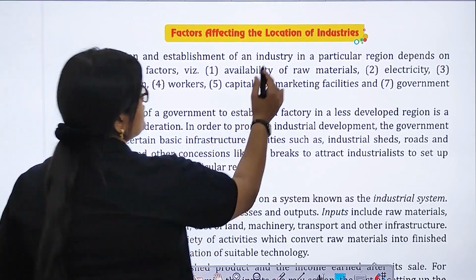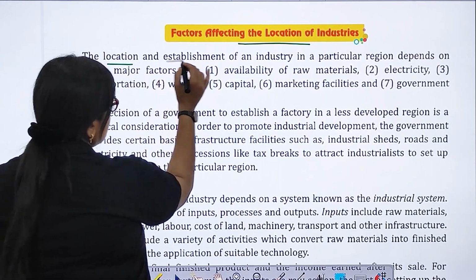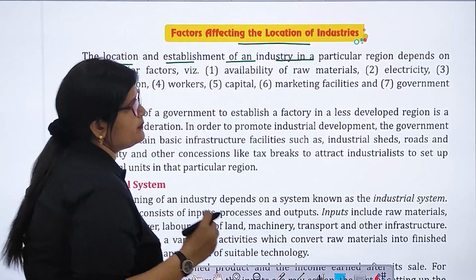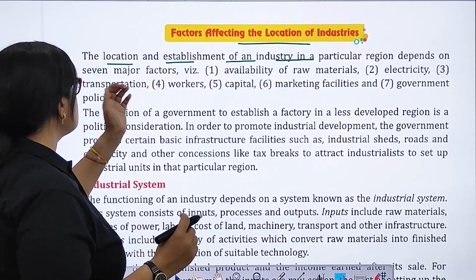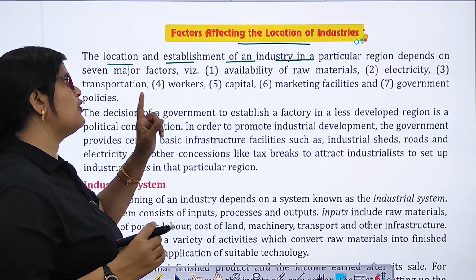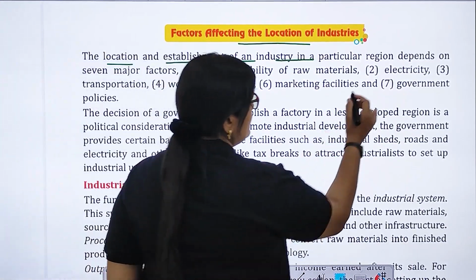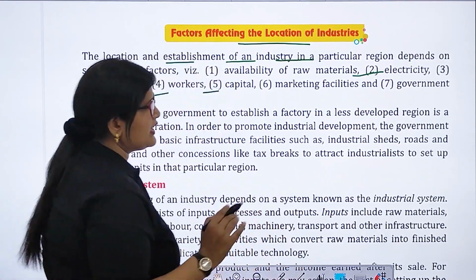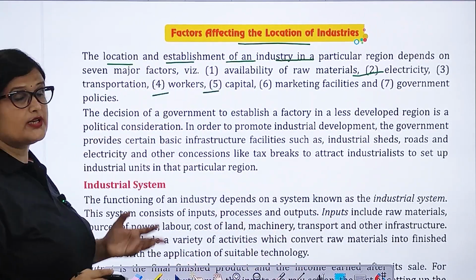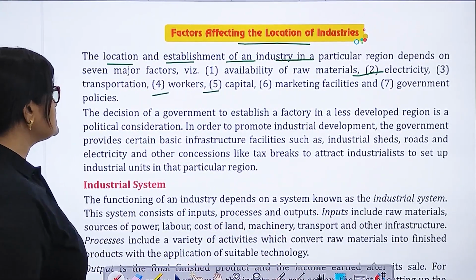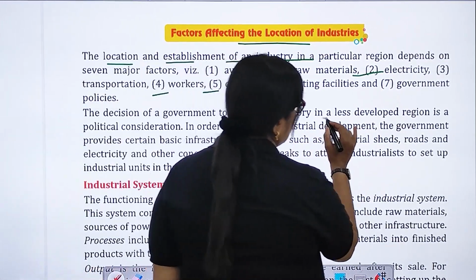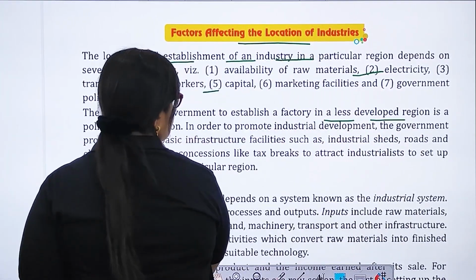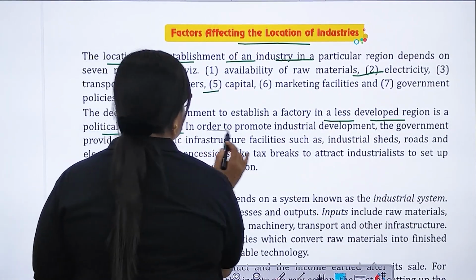Factors affecting the location of industry. The location and establishment of an industry in a particular region depend on seven major factors: availability of raw material, electricity, transportation, workers, capital, marketing facilities, and government policies. Okay, so the decision of a government to establish a factory in a less developed region is a political consideration.